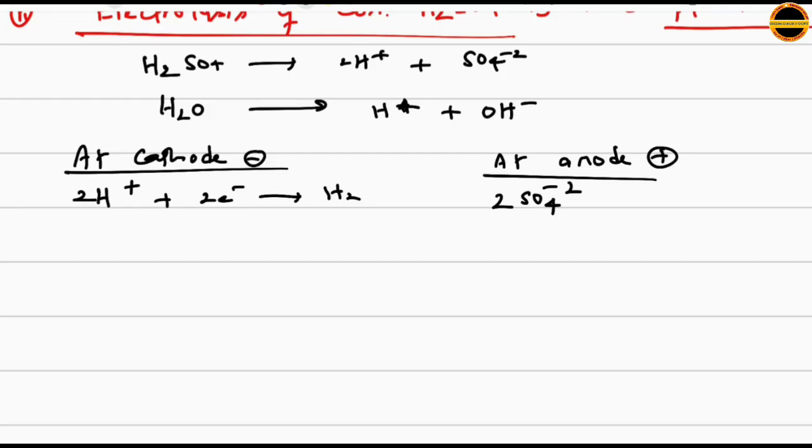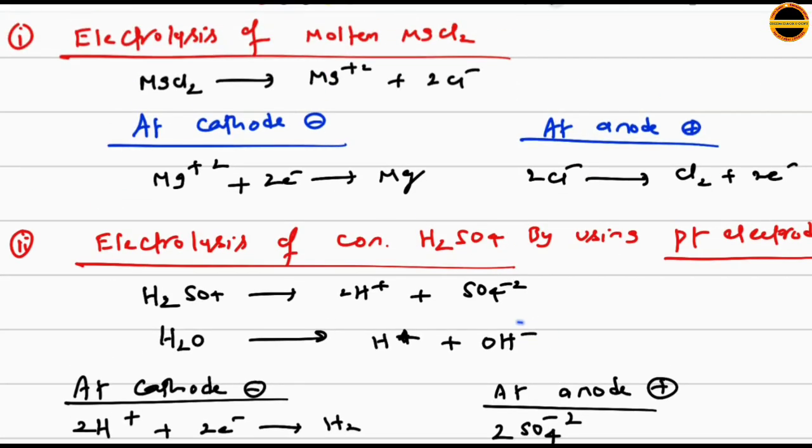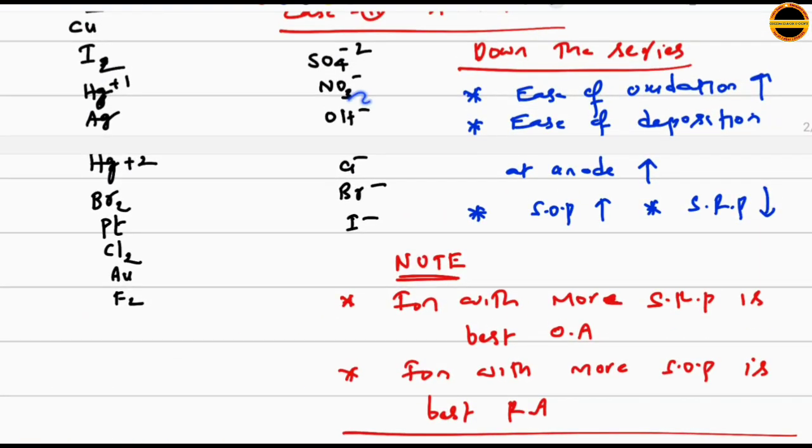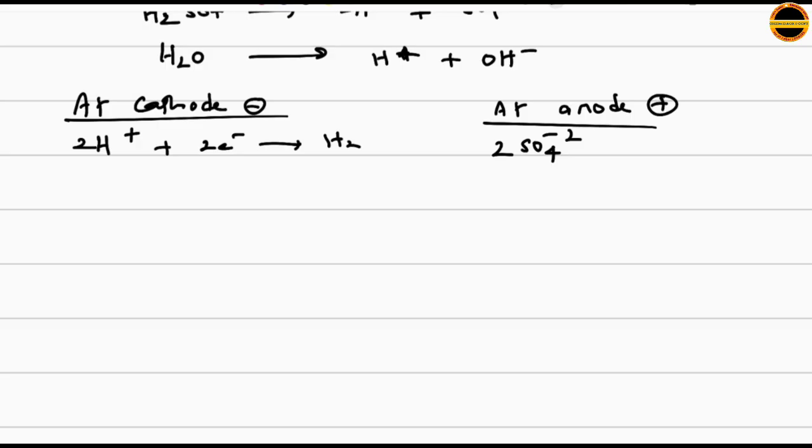It is concentrated, right? In solution, OH minus is present and SO4 minus 2 is present. Whichever is below in the series deposits, since ease of deposition at anode increases down this series. So OH minus is below, but we are showing deposition of SO4 minus 2.